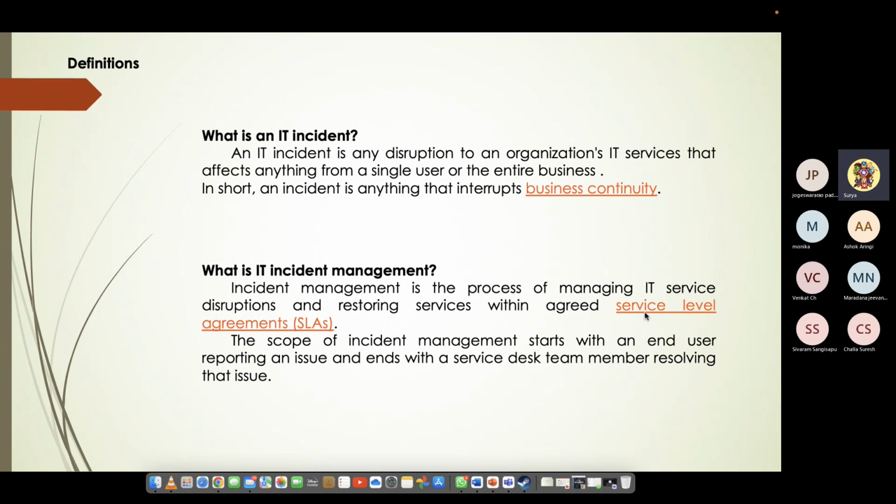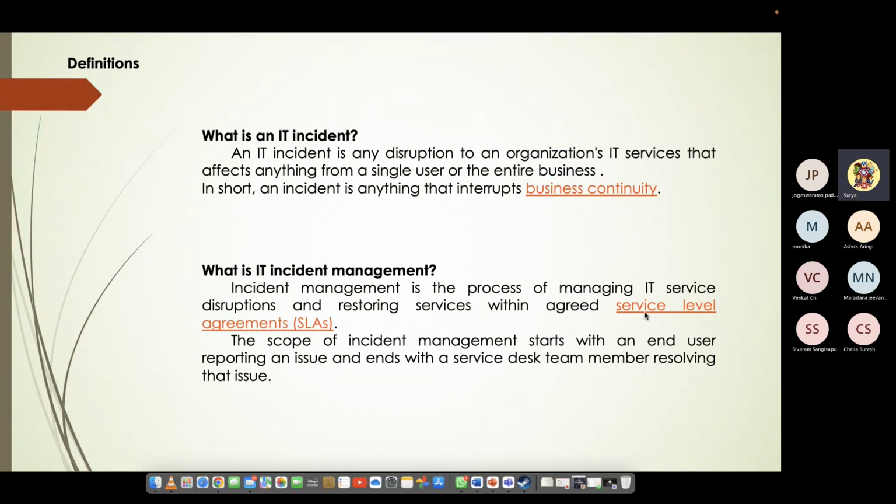But the key takeaway from this slide is that incidents which are confined to the IT industry are called IT incidents, and incident management is to restore the services as soon as possible.